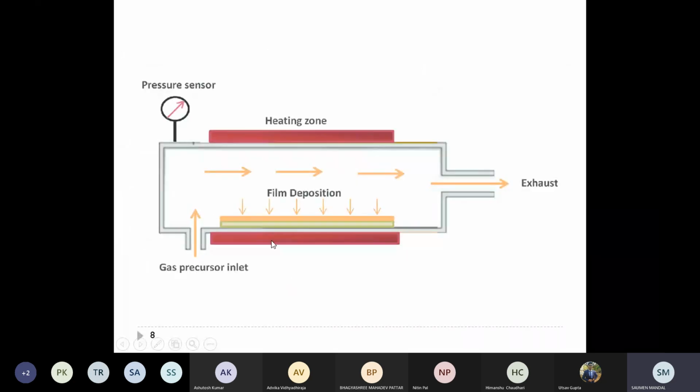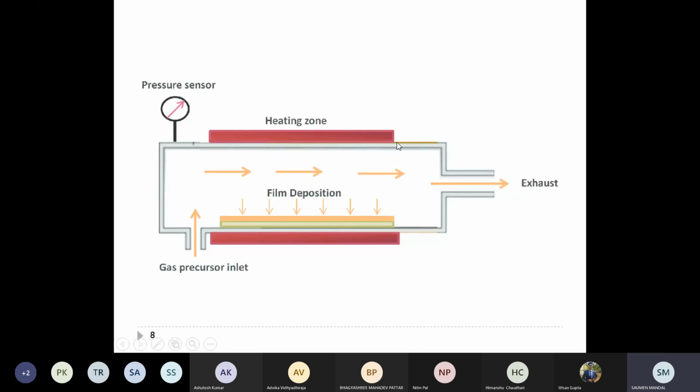You can see the gas precursor inlet, and the reaction will happen here, and then it will come to the deposit area. Here it will diffuse through this layer of gases, and finally it will be deposited, and all the gaseous byproducts will be taken out by this exhaust.